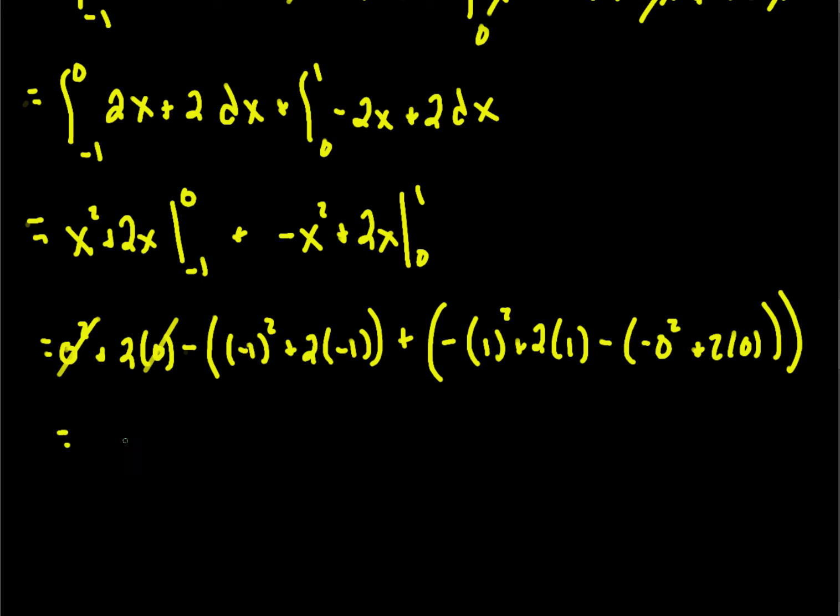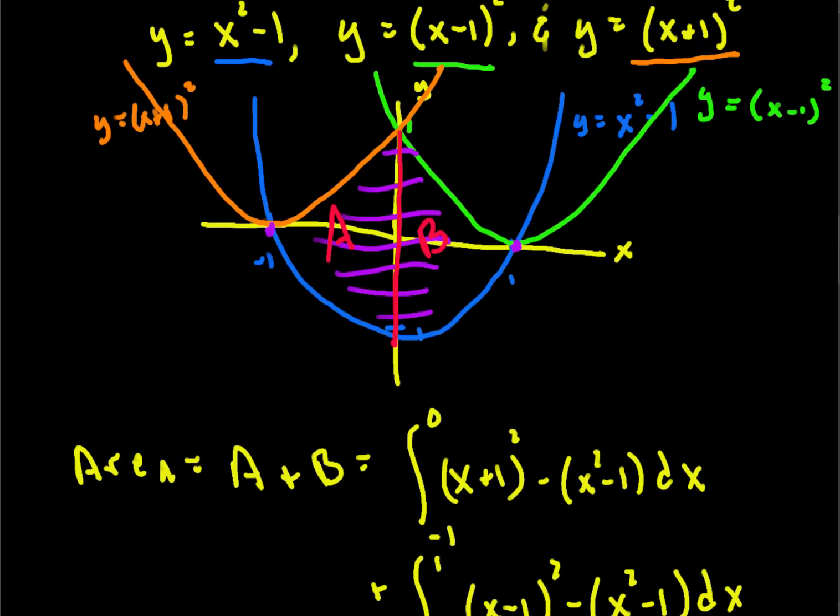So this is equal to -1 plus, and then this is 1 squared. That's a -1 plus 2, so just plus 1, because these are all 0, and so ends up being 2. So the area of this region, the area of this purple region, is 2. That's how big that area is.